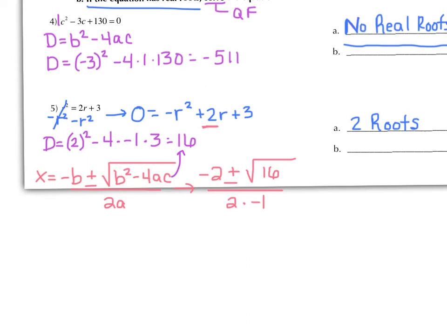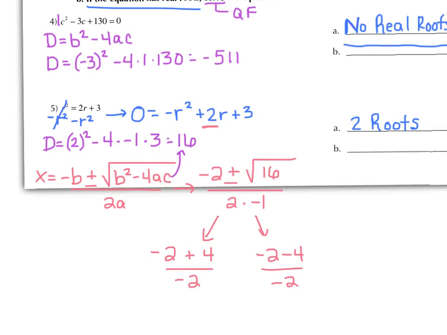This is not usually how I write this out, but because I'm short on space. So I'm going to have negative 2 plus this, I'm sorry, I meant to do the square root of 16 there. Negative 2 plus 4, because the square root of 16 is 4, over negative 2, and negative 2 minus 4 over negative 2.